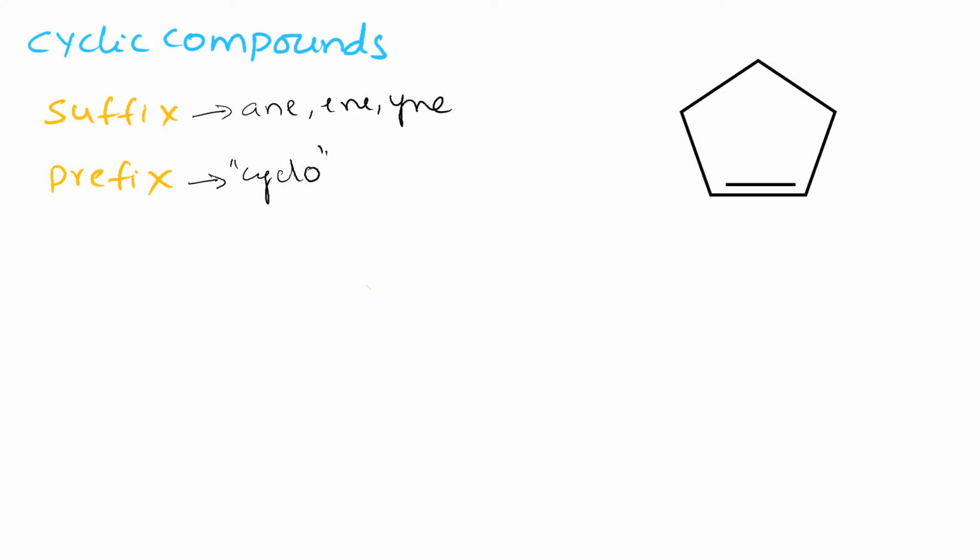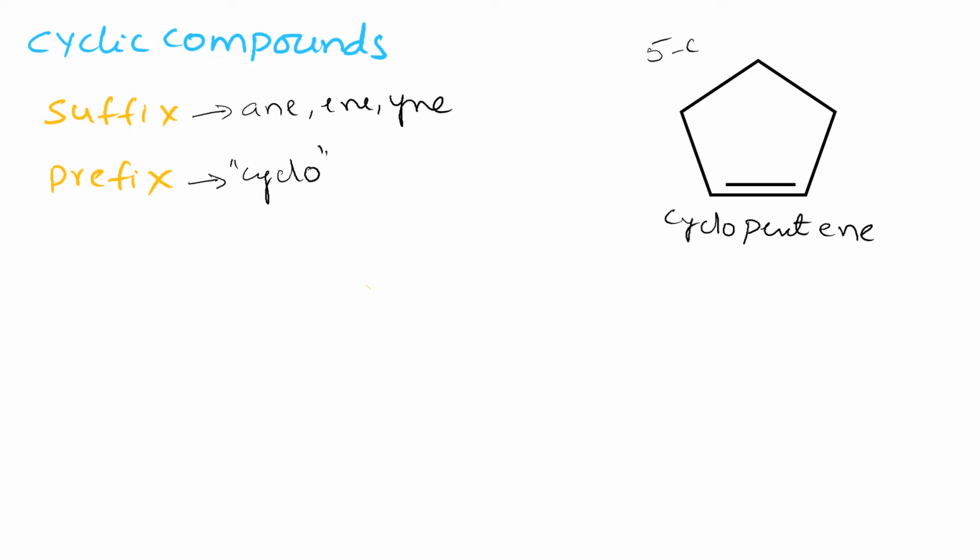So here the name of this compound: it has 5 carbon atoms, hence it is pentane. But it is cyclic in nature, that's why we have to give a prefix, cyclopentane. Here a double bond is there, that's why instead of an we have to use ene: cyclopentene.